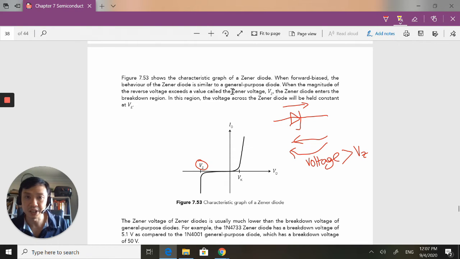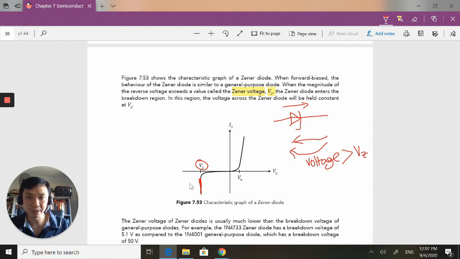It is called the Zener voltage, VZ. When the applied voltage across the reverse biased Zener diode is greater than VZ, what happens is that you'll notice here the voltage stays constant at VZ. So the voltage doesn't increase. It sticks at VZ. It's a very sticky voltage here, VZ.